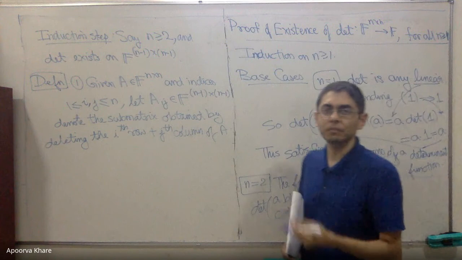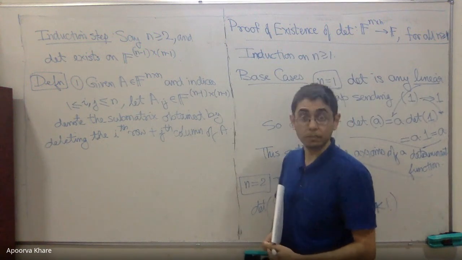The determinants of these submatrices are called minors, but these are called submatrices.